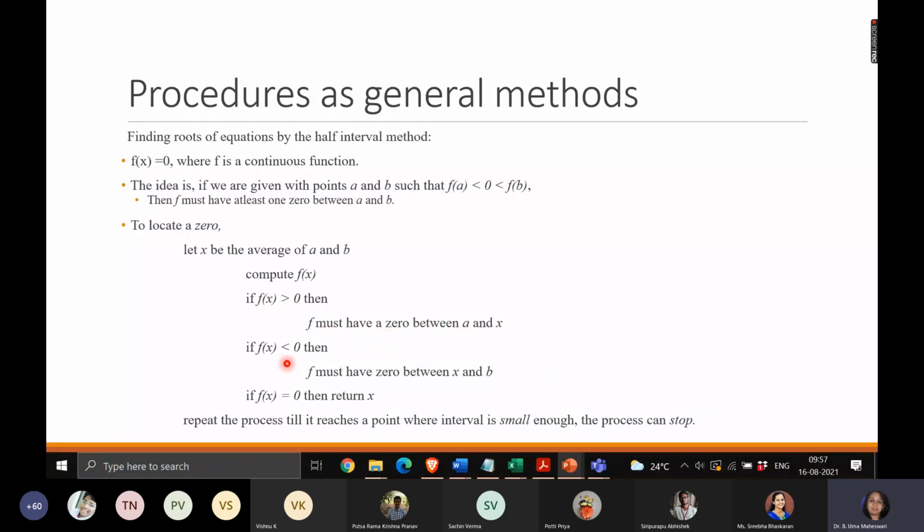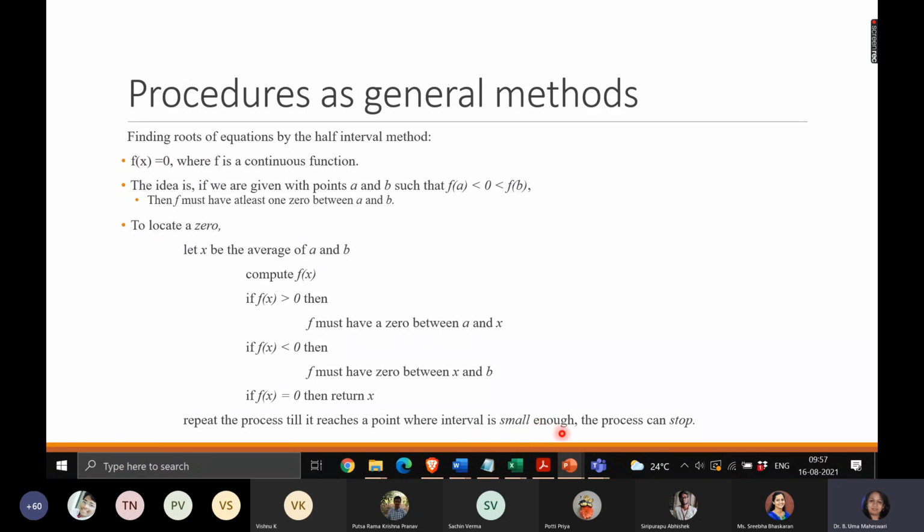If f of x is less than 0, that means a negative value, and f must have a 0 between x and b. And if f of x is 0, then return x. You have to repeat the process till the interval is small enough. You have to decide how small is small enough.